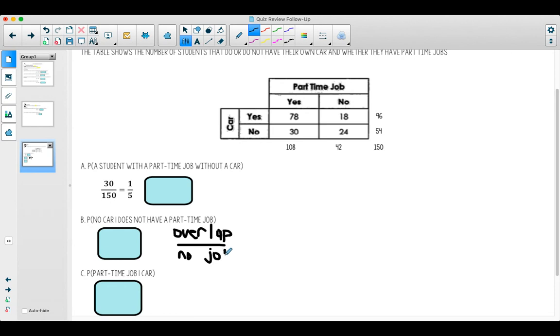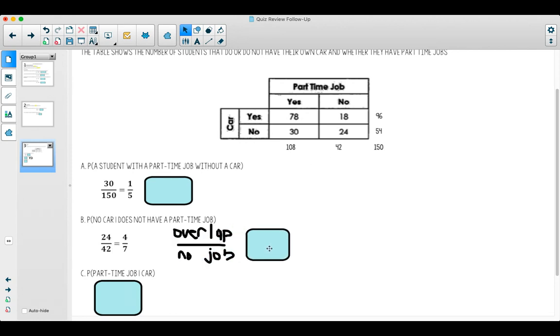What we see here is the overlap of no car and does not have a part-time job, that's 24, over how many people do not have a part-time job, which is 42. So we're looking at 24 over 42, which gets me 4 over 7. So look at the overlap between no car and no part-time job, and then think of the second part of that sentence as my denominator.